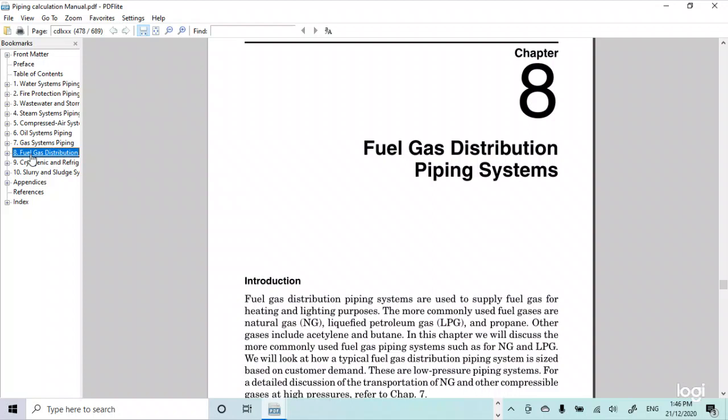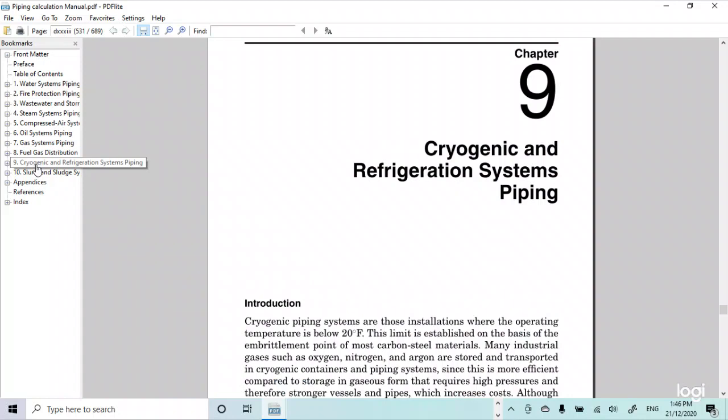The pure gas distribution piping system can be found in chapter 8. Cryogenic and refrigeration system pipings are explained in detail in chapter 9.